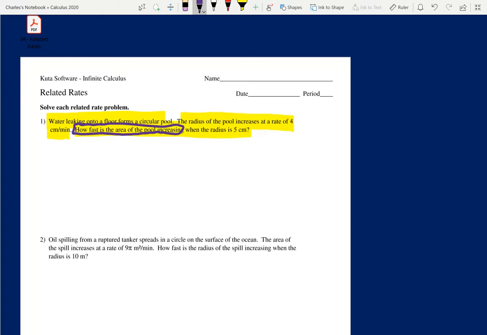When we have a related rates problem, we usually need to connect it to some other formula. Usually it's a geometric formula that we know. In this case, it's the area of a circle. The area of a circle is A equals pi r squared. One way to think of this would be A as a function of t is equal to pi times r, which is itself a function of t, squared.